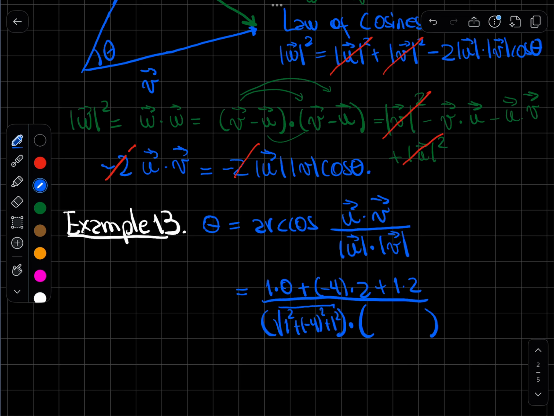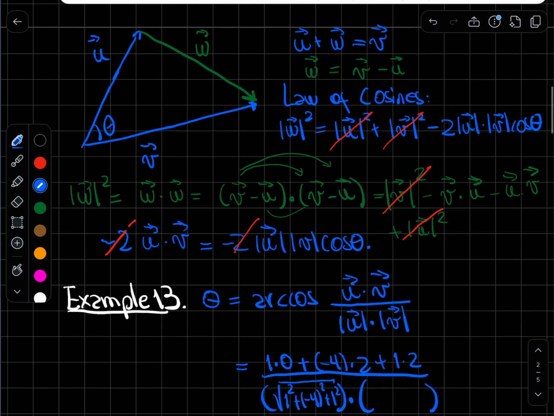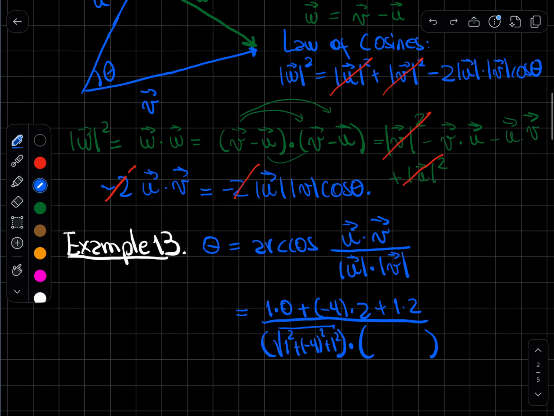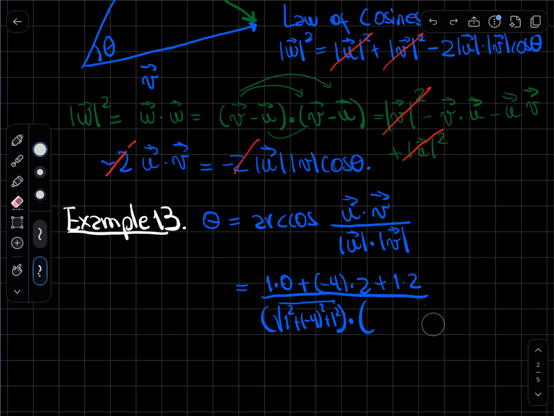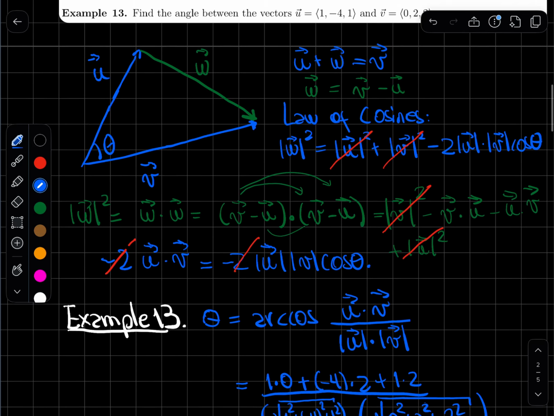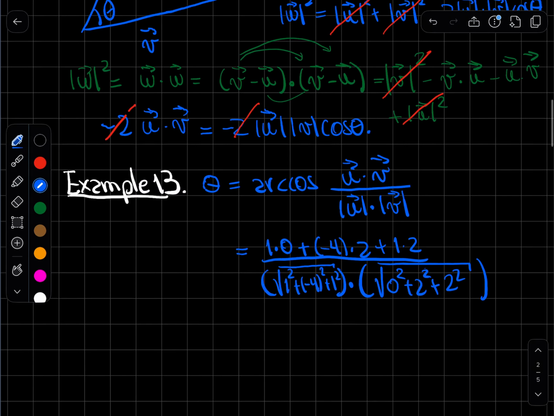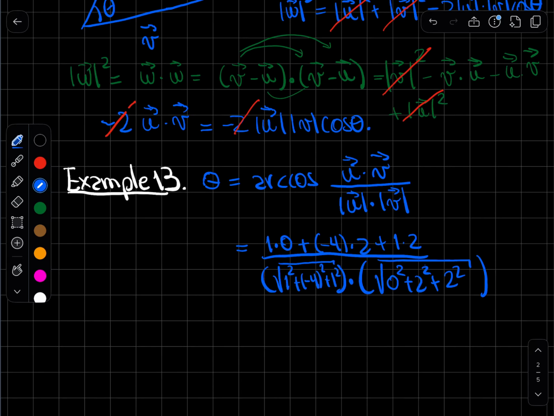The magnitude of v is the square root of 0 squared plus 2 squared plus 2 squared. Scroll back up to see if I didn't miss anything. 0, 2, 2, 1, negative 4, 1. Okay, looks fine. And the rest is now algebra.